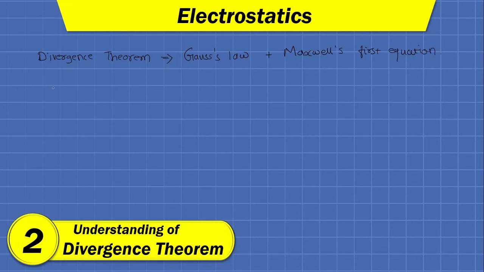So from Gauss's law we know that the flux is nothing but the charge enclosed, which is the closed surface integration of electric flux density with surface.